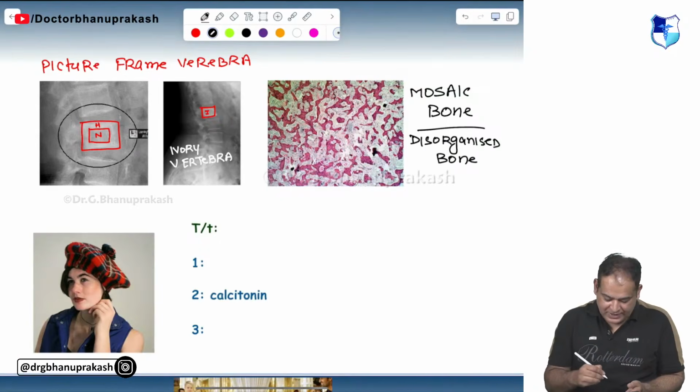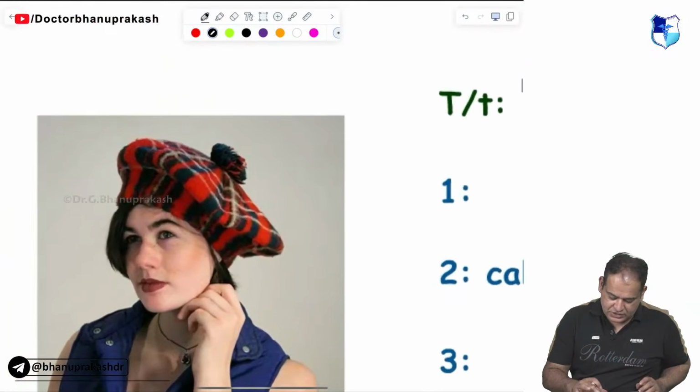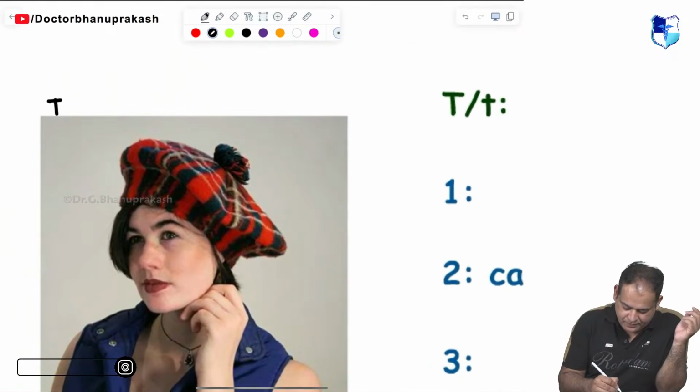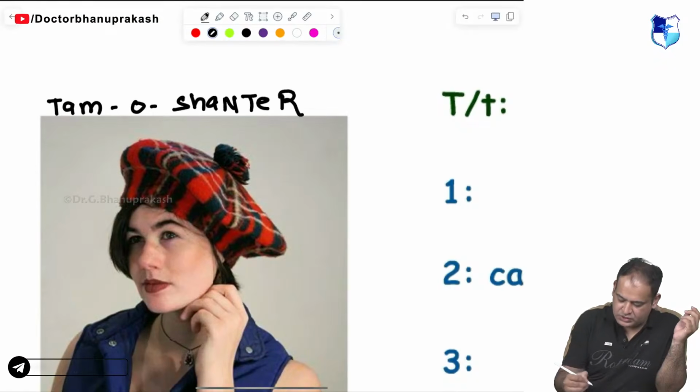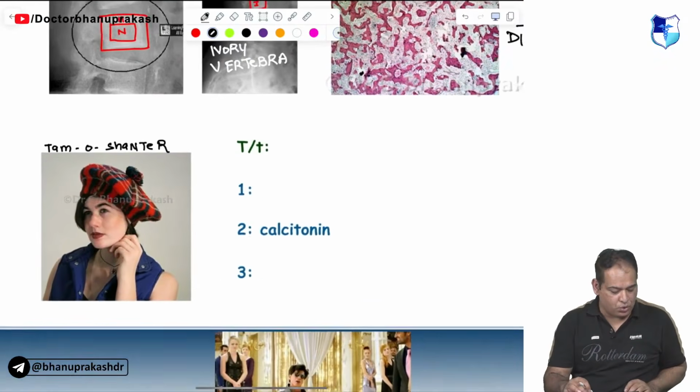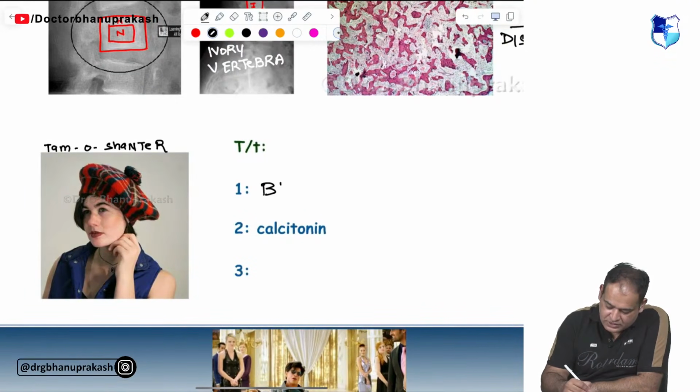Now, in the late stages, your patient will wear this kind of hat. That is called the Tam-O-Shanter sign. What is the treatment?